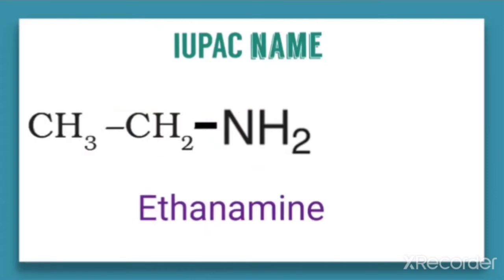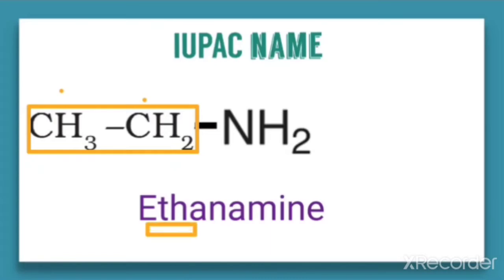Let us take one more example. Which one is the main chain here? There is only one possibility, this is the main chain, having 2 carbon atoms. So what is the word root here? The word root is eth. Because there is a single bond between the 2 carbon atoms, we are using the primary suffix an, and it has the functional group amine.